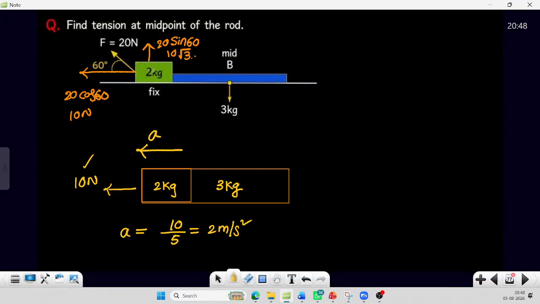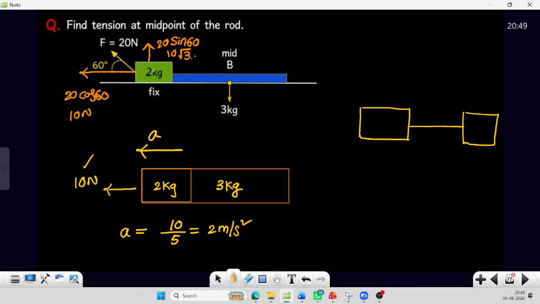Now what are they asking to find? Tension at the midpoint of the rod. So that means we need to treat this as two blocks, exactly the same as earlier. These two are connected by some massless string.